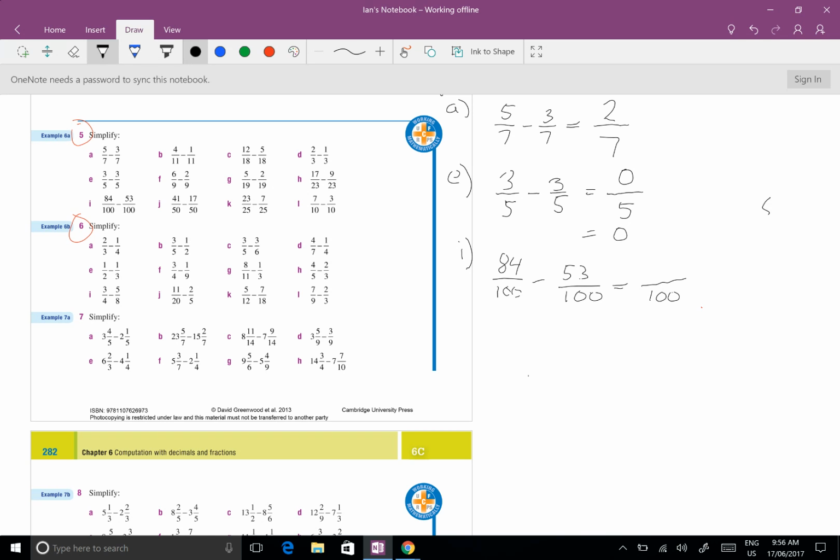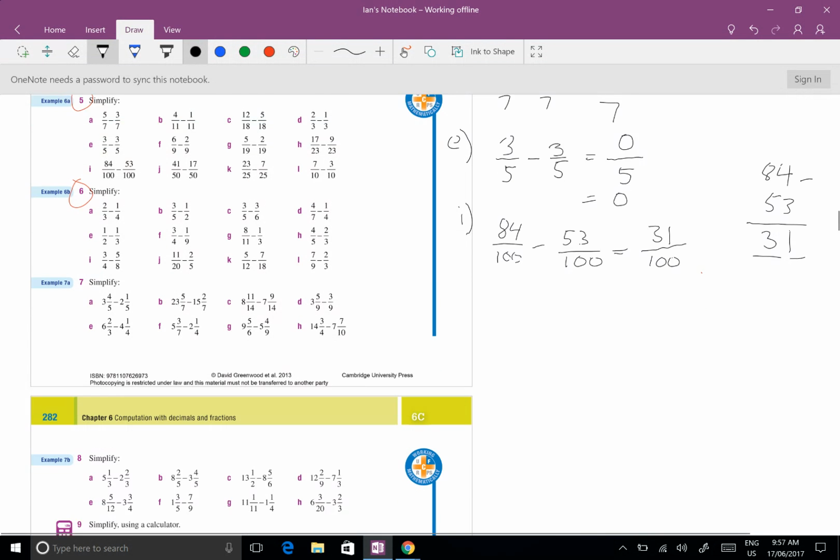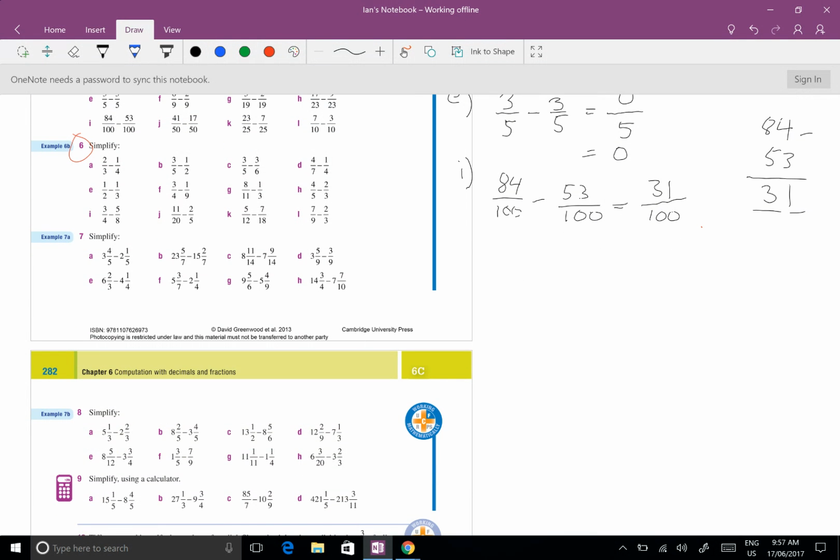So I might just go over here and go 84 minus 53. 4 minus 3 is 1. 8 minus 5 is 3. So it's 31 over 100. Well, they were all pretty easy. They all had the same denominators. What happens when we don't have the same denominators?